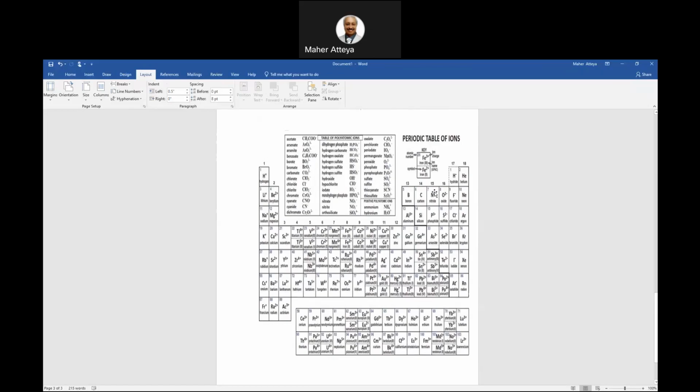When it comes to the nonmetals, nitrogen is always 3-, correct? Group 5, the nitrogen group, 5A, is 3-. Oxygen, 6A, is 2-. The halogens, 7A, are 1-. The helium and the inert gases are 0.